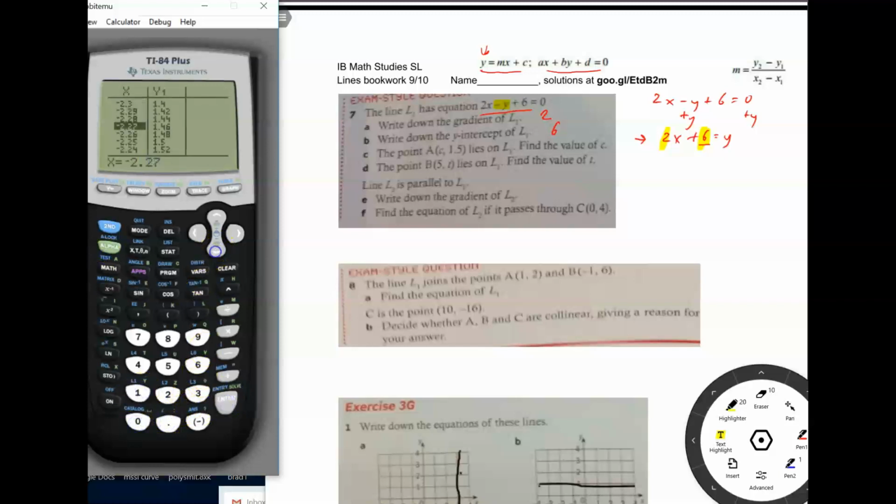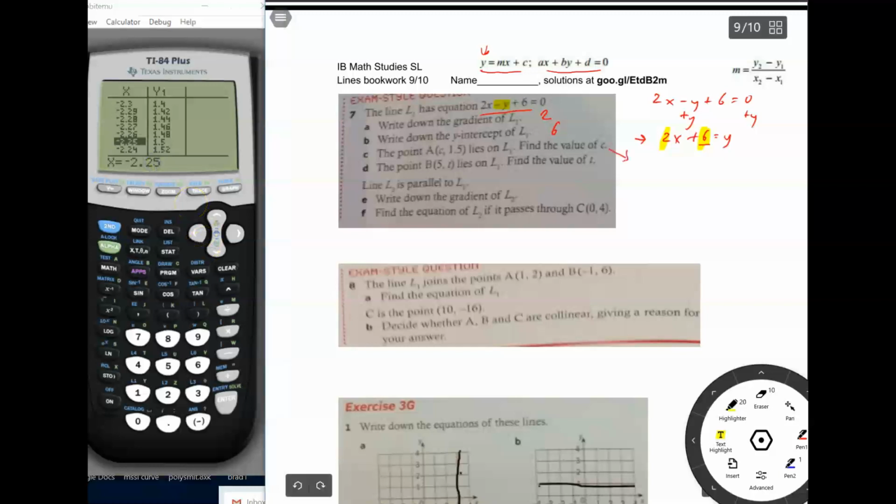And now I found it. So the x value that goes with it is negative 2.25. So there's a point which is negative 2.25 comma 1.5, and so the c value is the negative 2.25, the first coordinate of this pair.